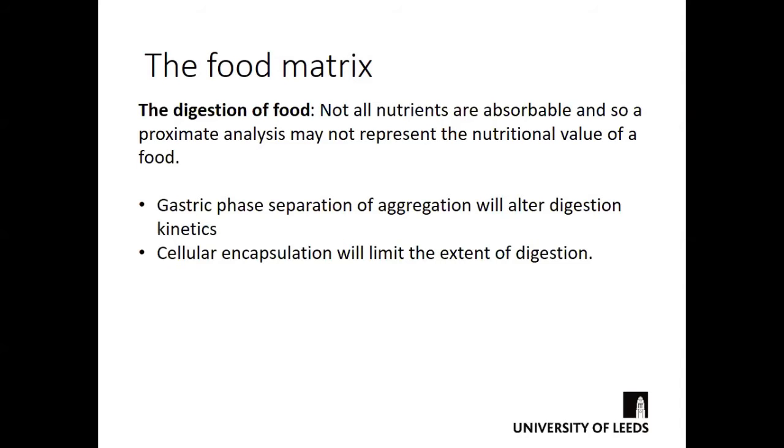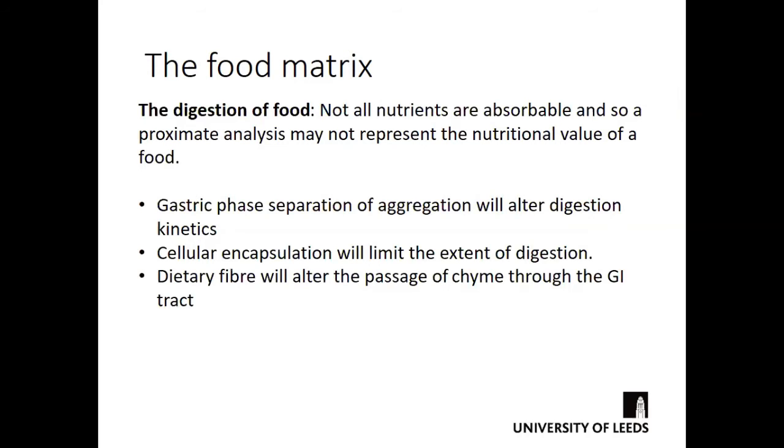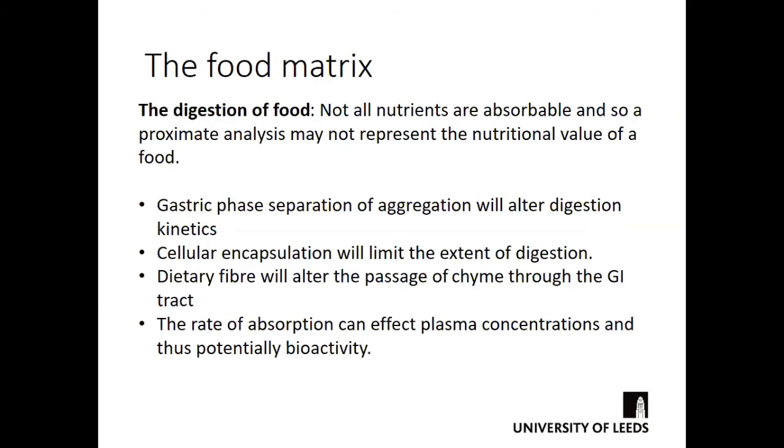We know that cellular encapsulation will limit the extent of digestion, so when we chew, we don't break open every single plant cell as we consume it, and if it's not broken open, often the nutrients are not released. Dietary fibre can also alter the passage of chyme through the GI tract. And we know that the rate of absorption can affect plasma concentrations and thus potential bioactivity.